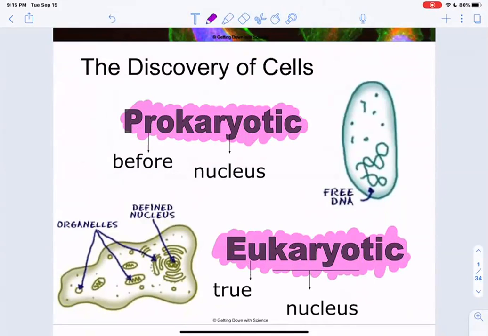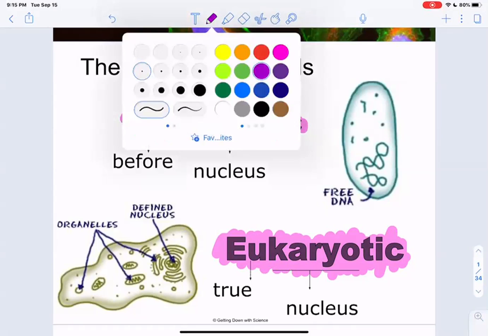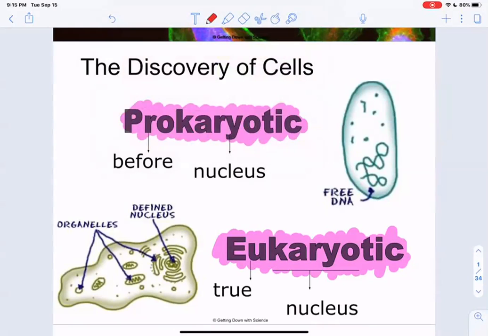And so the first two vocab words that we're going to talk about are prokaryotes and eukaryotes. These are the two major types of cells that exist. If we were to take the vocabulary and break it down to its roots, pro means before, and karyotic is going to be nucleus.